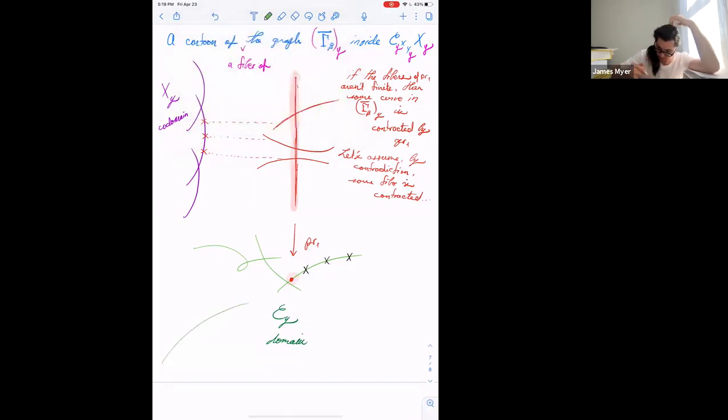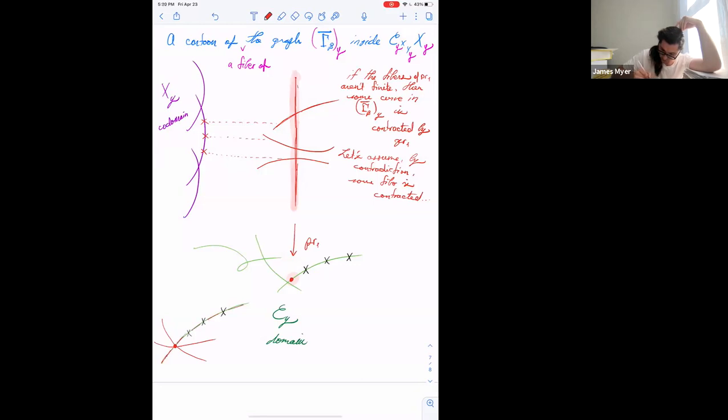It would be like maybe this with these markings, and then these components would go through here, and maybe one of them would get mapped entirely onto the green component, like this.